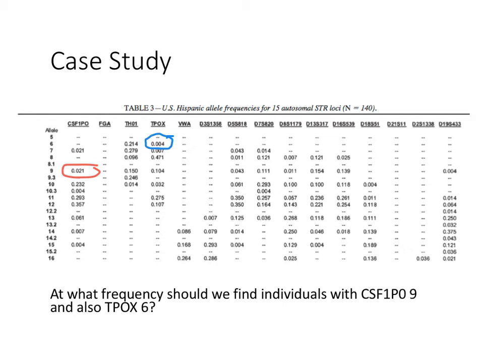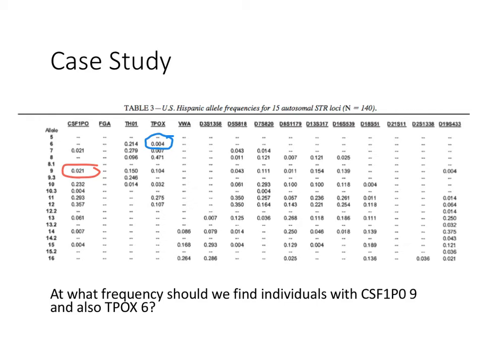Take a minute if you like, figure out how you would do that calculation, and if you've got the time, do the math. What is the algebra we should set up here?